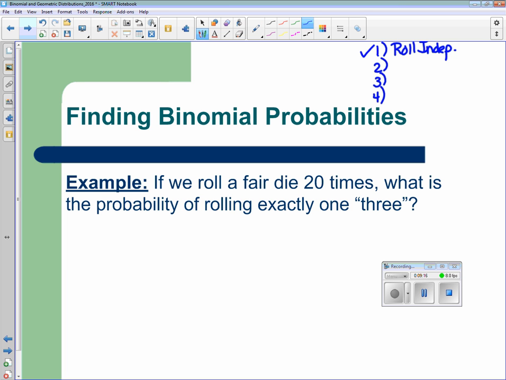What was the second condition? 2 outcomes, a success-failure condition. So what are the outcomes here? We are looking for a 3. A 3 is considered a success in this situation. Do you agree? We really care about 3s and not 3s. I don't care what the other numbers are. It doesn't matter to me if it's a 4 or 1 or a 6.